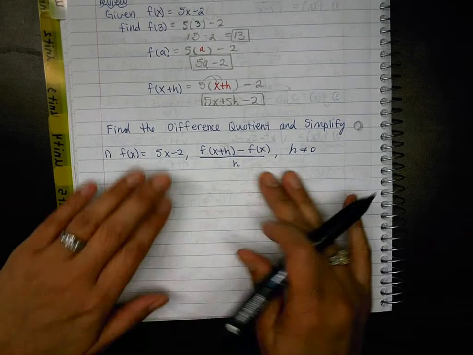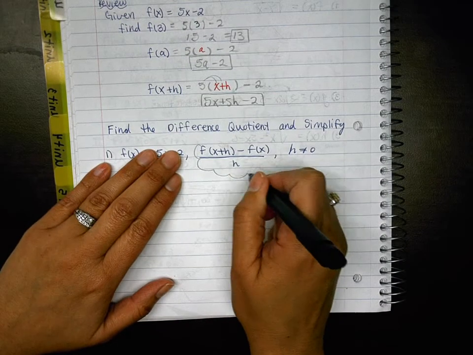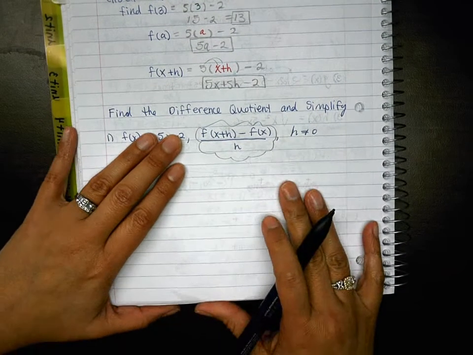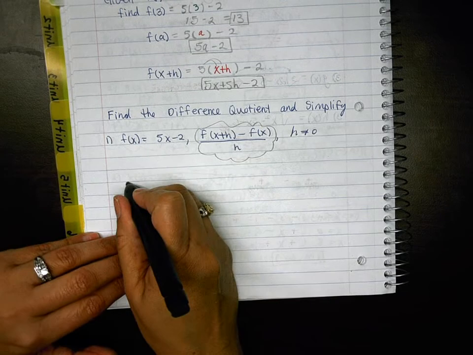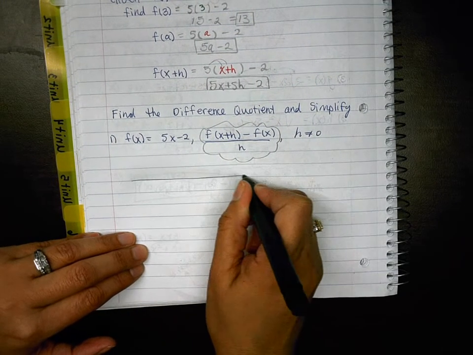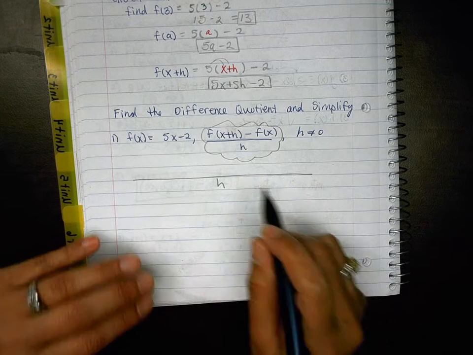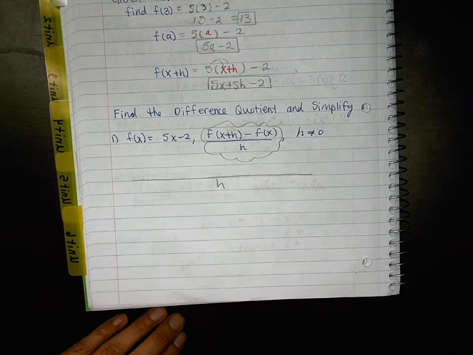Okay, so this is the piece we're going to work with. Since it's a fraction, and I'm going to be plugging things into it, I'm going to make a big exaggerated fraction like this with the h at the bottom.